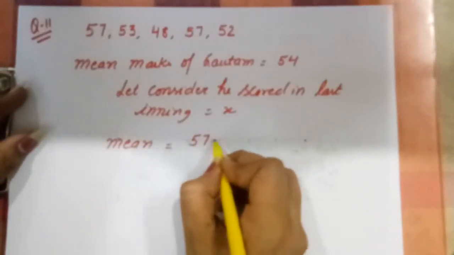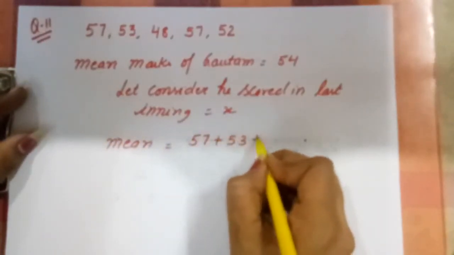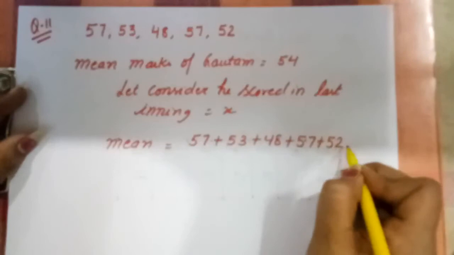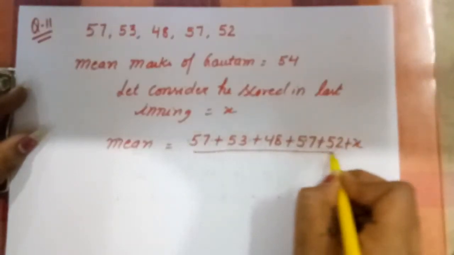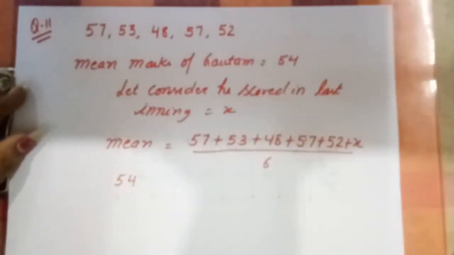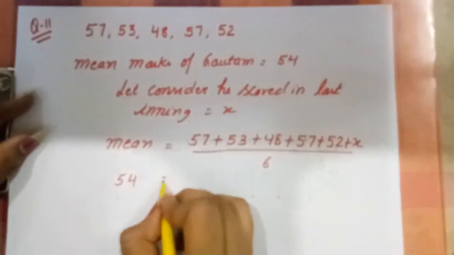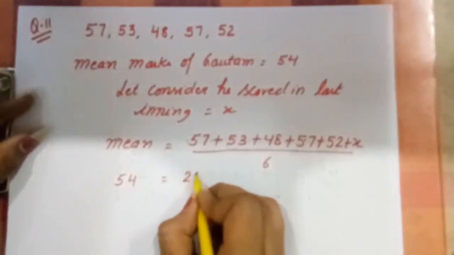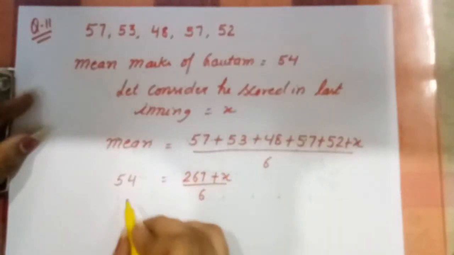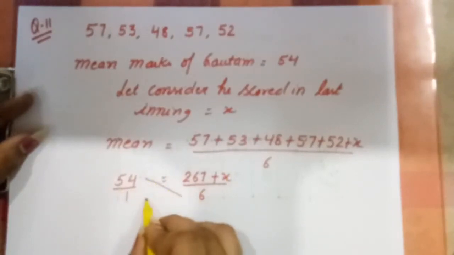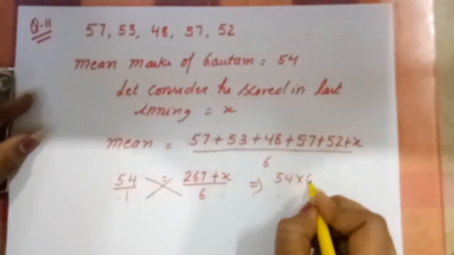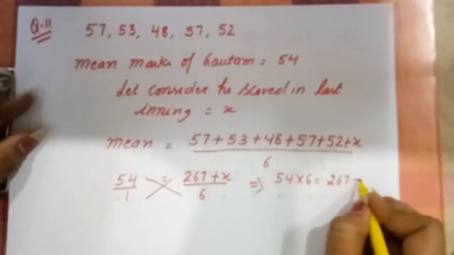That means 57 plus 53 plus 48 plus 57 plus 52 plus x divided by 6, and the mean is 54. So now we have to add all the terms. The total of all these terms is 267 plus x, divided by 6. Now cross multiply. So 54 multiplied by 6 is equal to 267 plus x.